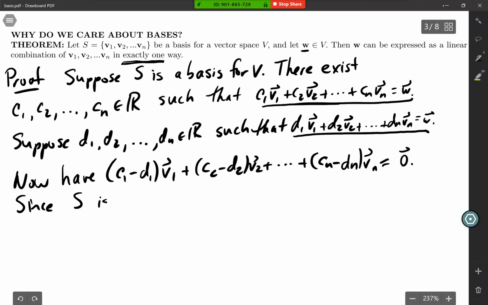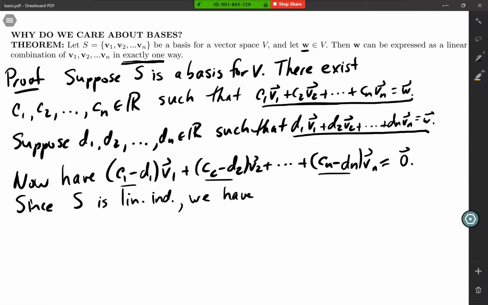So since S is linearly independent, what does that tell us about the individual scalars then? What do they have to be? If we have a linearly independent set and a linear combination that gives us the zero vector, what do the individual scalars have to be? They all have to be zero.